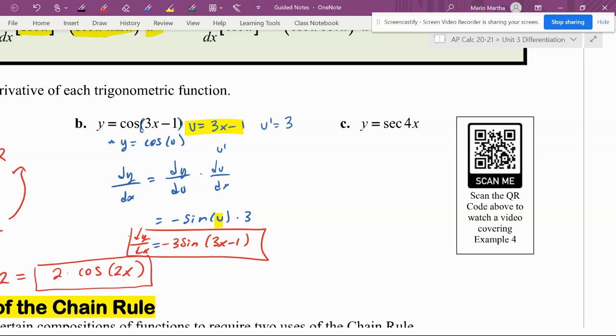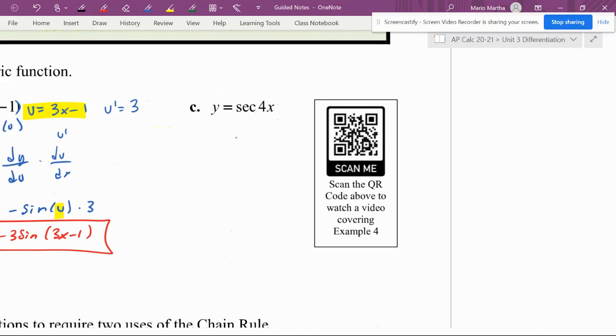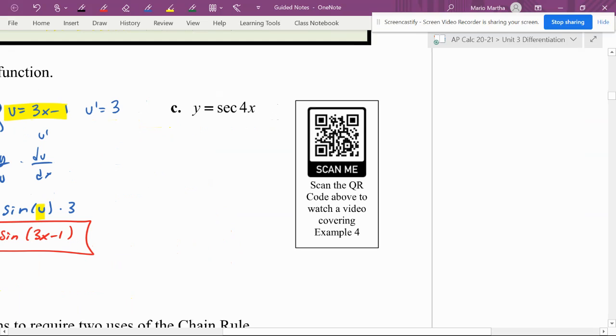All right, and then the last part, part C, we're looking for, again, our interior function, our inside function. So u equals 4x. The derivative of u with respect to x is equal to just positive 4 once we apply the power rule. We know that y equals secant of u now. With the back substitution, we substitute u.